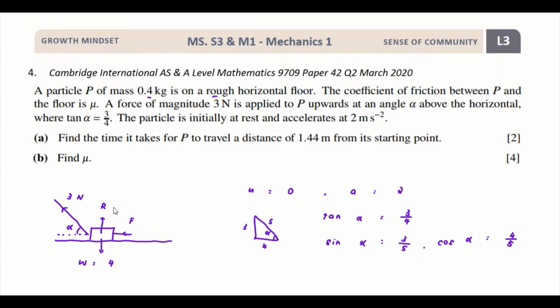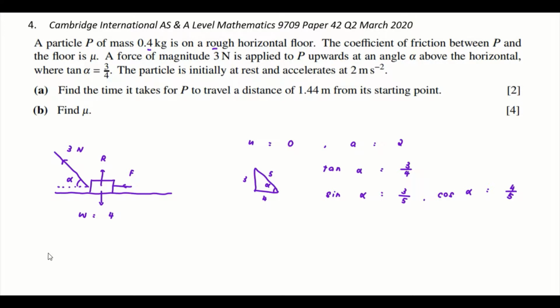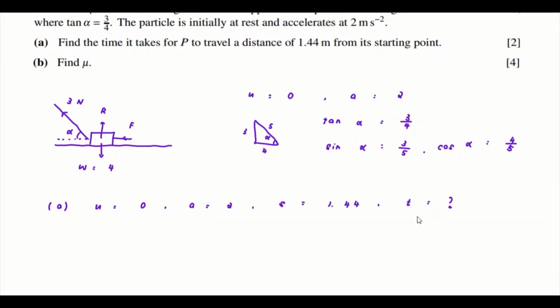The question wants us to find the time it takes for P to travel a distance of 1.44 meters from its starting point. We have u, a, and s, so we can find t. There's no force involved yet, so it's just a normal SUVAT. u equals 0, a equals 2, and s is 1.44, and we want to find t.